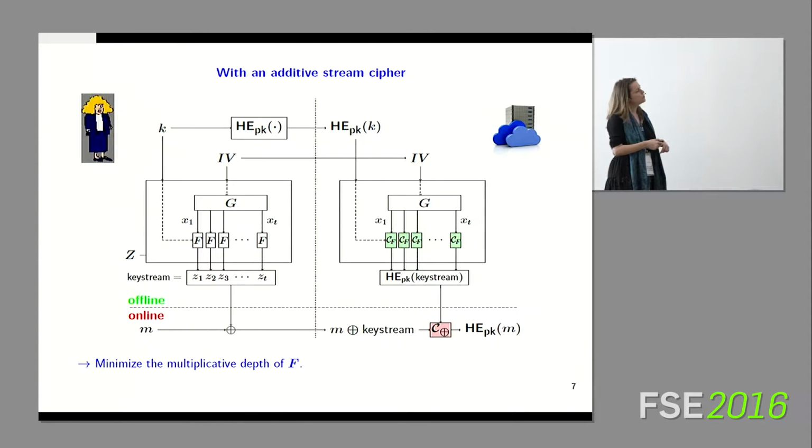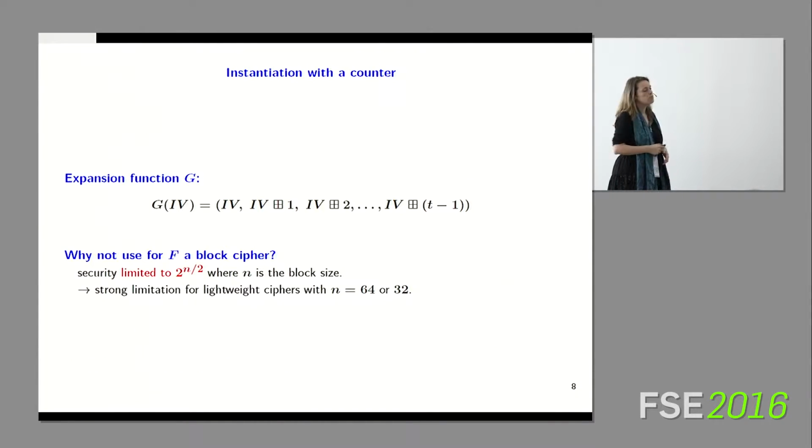So a natural choice is to choose for this g a simple counter, and then we can choose for this f a block cipher. And this is exactly the well-known counter mode. But the problem with the counter mode is that it is secure, but only up to the birthday bound. This birthday bound and this problem were explained very well by Atul yesterday.